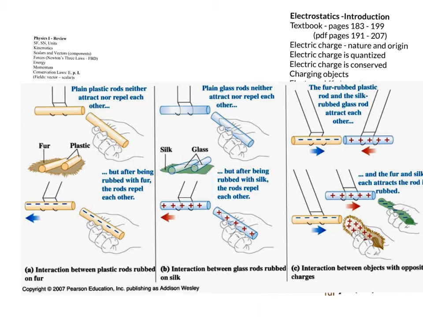And here it shows you that the fur, since the electrons transferred from the rod to the fur, is positive, and so it will attract that rod. And the wool became negative because the wool, I didn't explain that, the wool is more electronegative than the glass, or the wool, notice the term, has more electron affinity than the glass, and so the wool takes electrons off the glass onto the wool, leaving the glass positive.